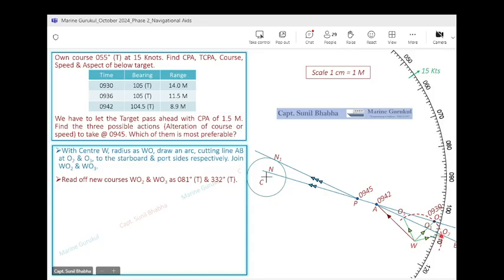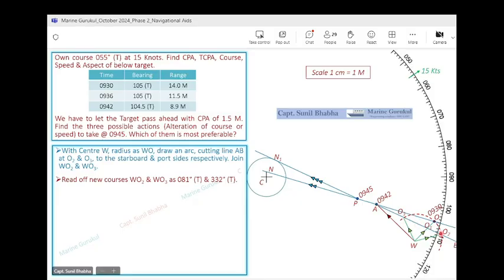Now these two vectors which we have obtained, WO2 and WO3, represent that if our ship moves on a course of WO2 without any change in the speed of the ship, then the new triangle would be WO2A.